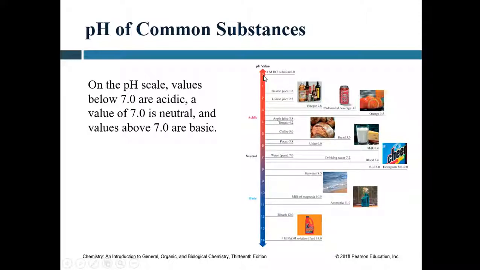So up here close to 0, you'll see our 1 molar hydrochloric acid solution, and between 1 and 2 we have our lemon juice, and vinegar is between 2 and 3, etc. And then down here, between 7 and 14, we are going to have different bases, like soaps, ammonia, milk of magnesia, your antacid. Think of that. I wonder why they called it an antacid if it's going to neutralize the stomach acid.